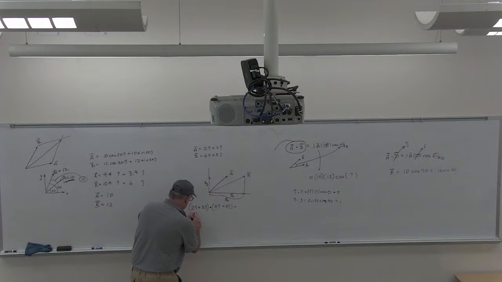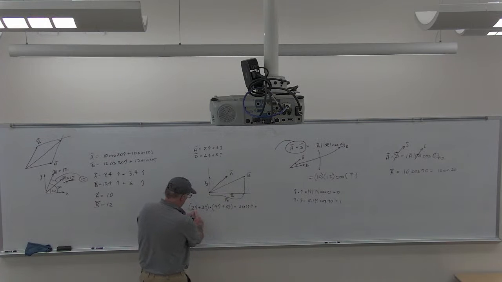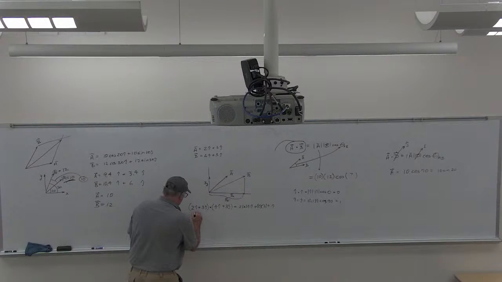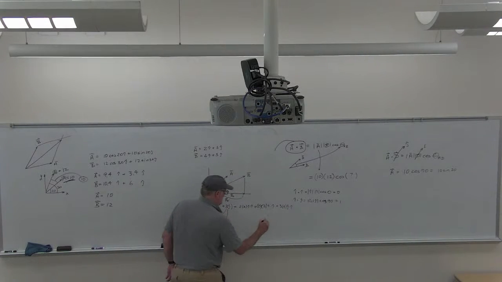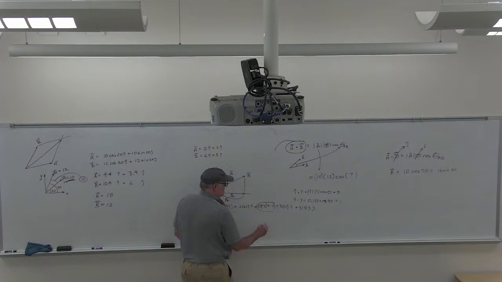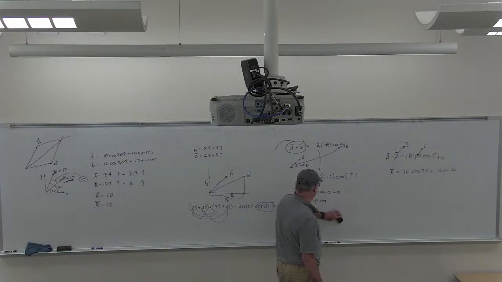Now that I know that, I can take this dotted with that. 2 times 4 I dot I, plus 2 times 3 I dot J, plus 3 times 4 J dot I, plus 3 times 3 J dot J. That's gone away, because, I'm sorry, I did that backwards, didn't I? Cosine of 90 is 0. Cosine of 0 is 1. Okay.